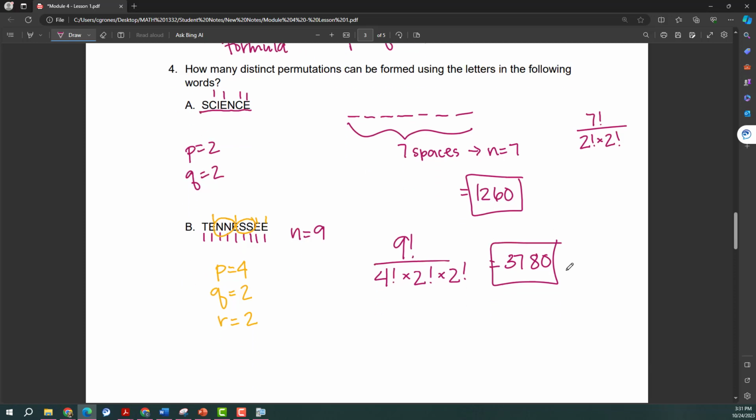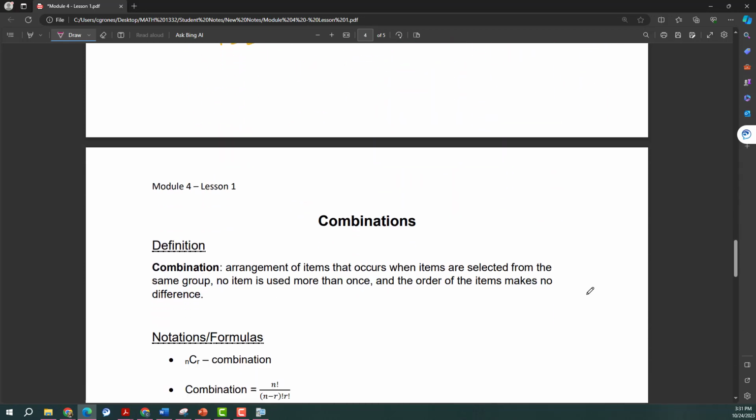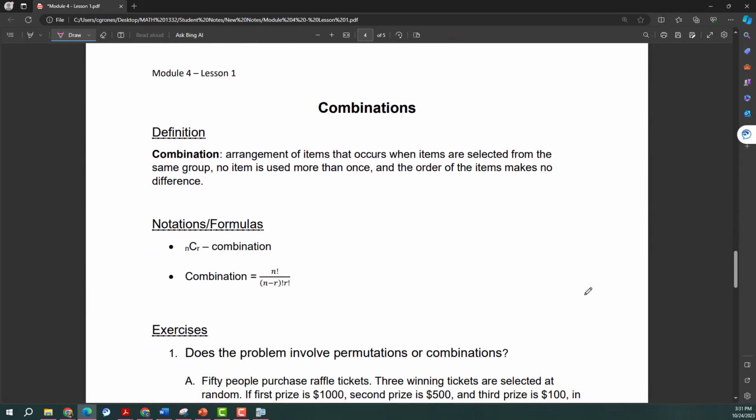Any questions? All right. The last part of this lesson is over combinations. So we talked about permutations where order matters. A combination is where order does not matter.